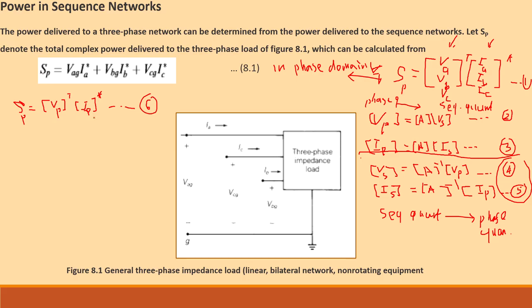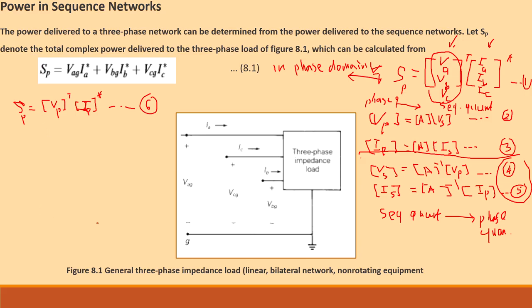V phase transpose, this is the column vector of VA, VB, VC. And the I phases is the currents IA, IB, IC with the conjugate quantities. We take the conjugate quantities of the currents and we take the transpose of the voltages.